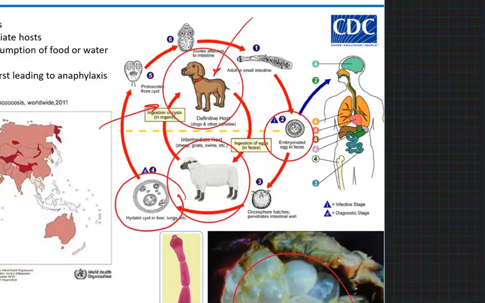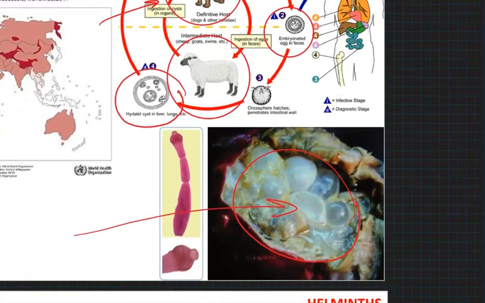If humans on that farm accidentally ingest the eggs, as one student wrote in an answer to a say question during the online class, when a person eats dog poop, which is a very interesting practice, and I don't think it's that common, they will play a role of sheep. The eggs will end up in human liver, where they will develop in larvae and result in hydatid cyst. Am I clear? Yes?